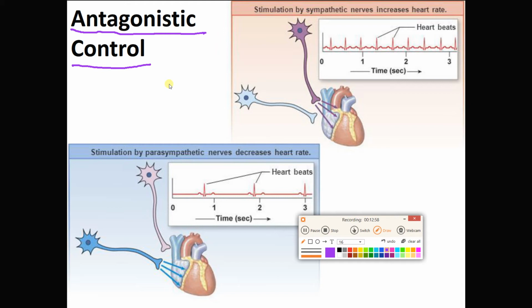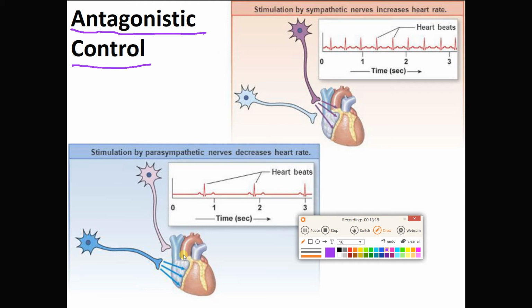So, for example, sympathetic stimulation will increase heart rate, while parasympathetic stimulation will decrease heart rate. So what this does, it allows us to change things in different directions, which is crucial for keeping the body systems in the right range.